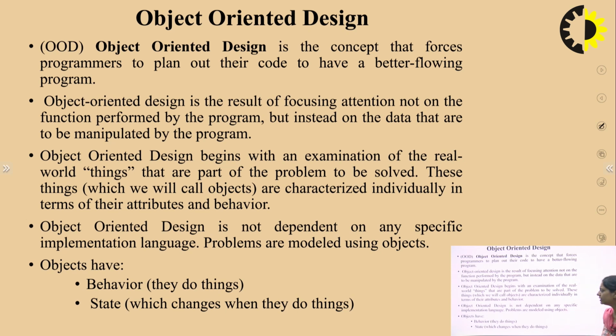The behavior is the things that they do, and the state is what changes when they do those things. So, when we are talking about classes, this behavior is considered in terms of the data members, and these are demonstrated by the member functions.